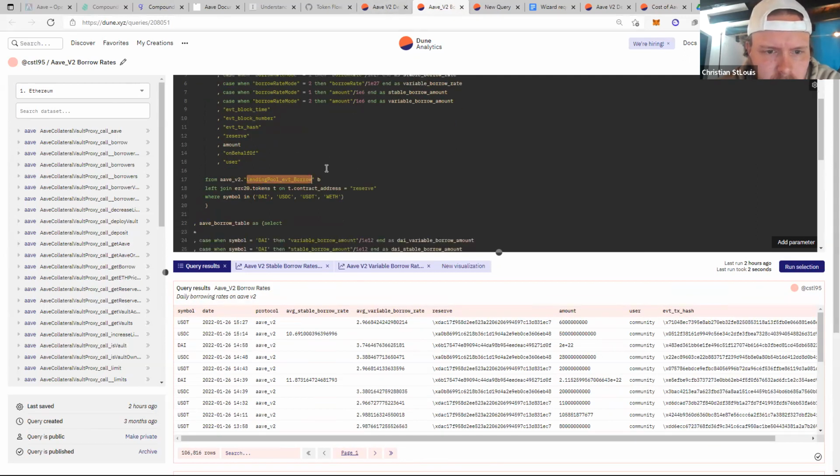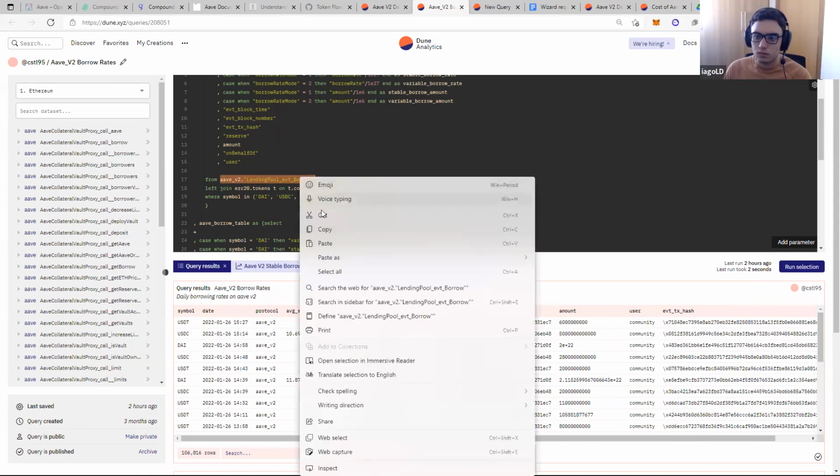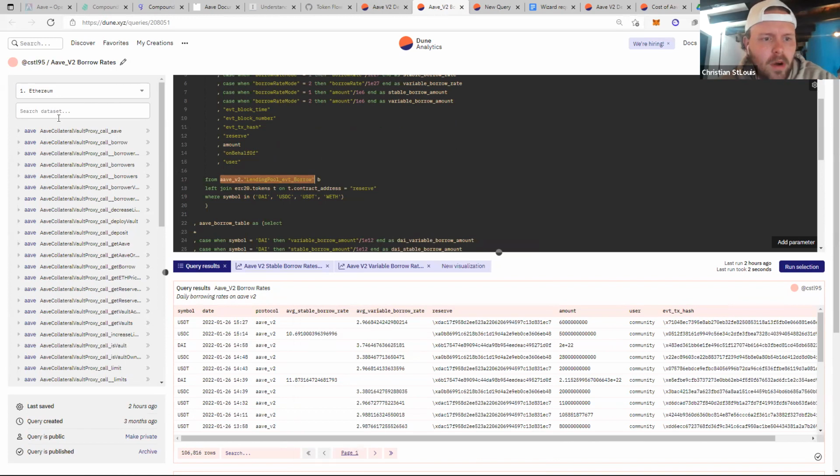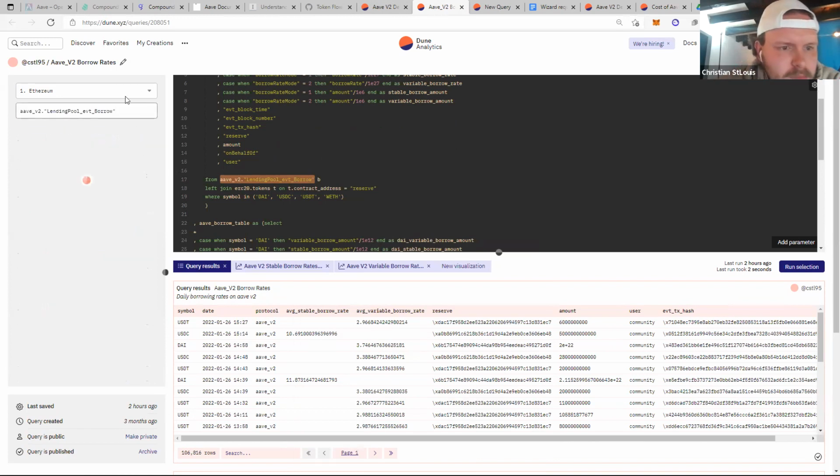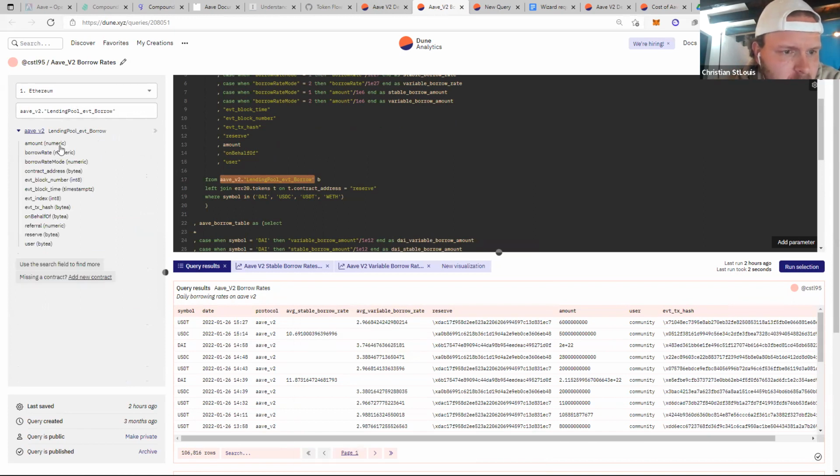So for borrowing rate, the table that we're pulling from, the smart contract that we want, is lending pool underscore EVT underscore borrow. And this essentially is events that are transmitted through the borrowing contract. So it'll basically give you all of the information on a loan that was taken out.